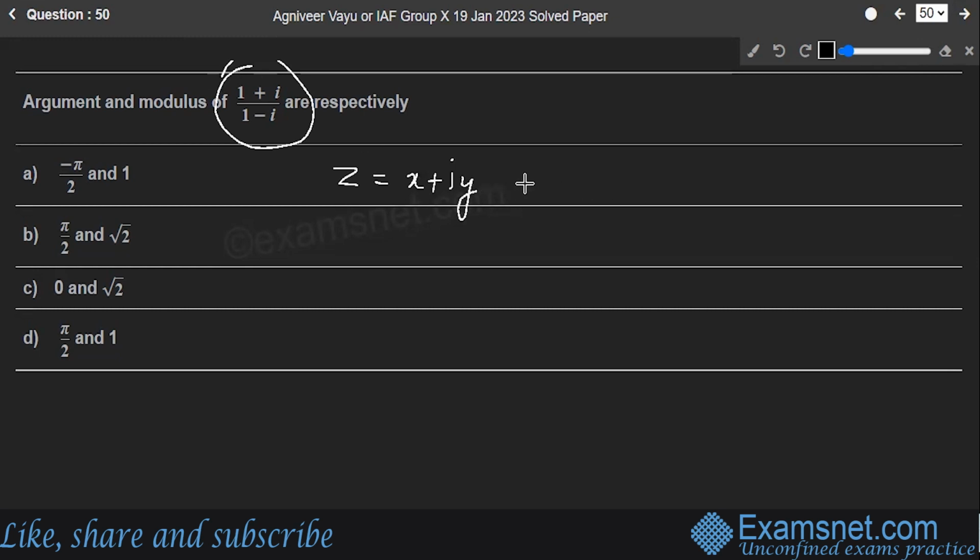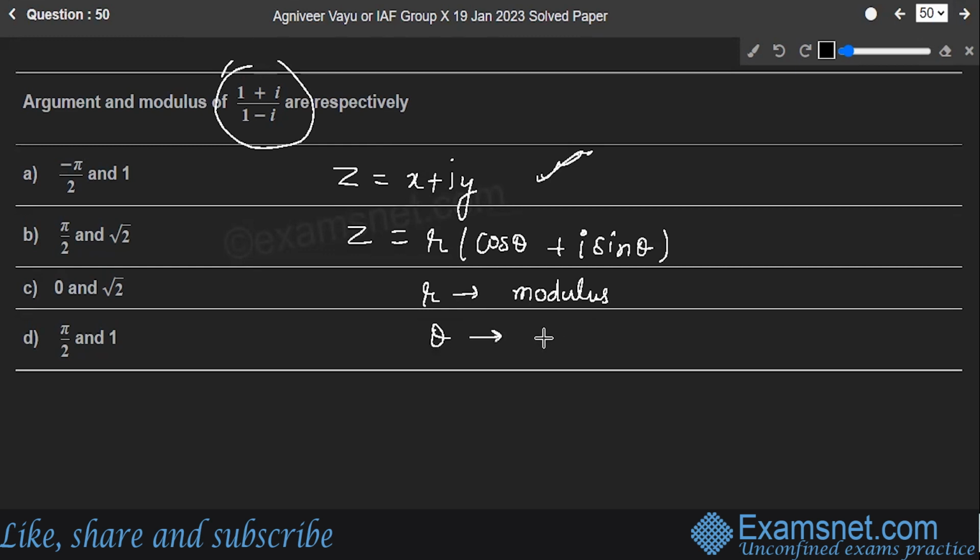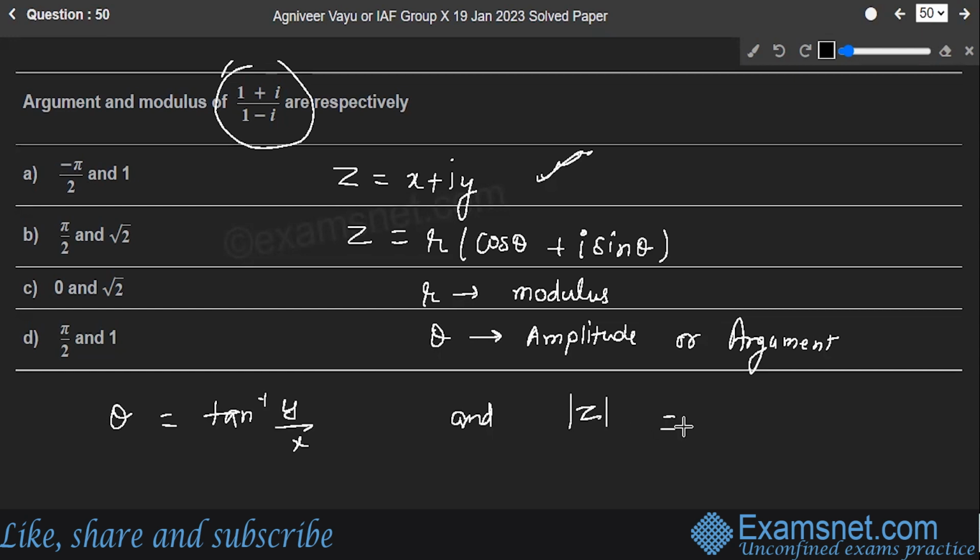The polar representation of z is given by r (cos theta plus iota sin theta), where r is the modulus of the complex number and theta is the amplitude or argument of this complex number. And theta is given by tangent inverse of y upon x, and the magnitude of z is given by root of x squared plus y squared.